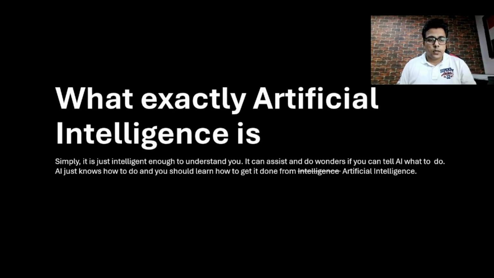Artificial intelligence is simply intelligent enough to understand you. It can assist and do wonders if you can tell it what you want to do. AI knows how to do it, and you should learn how to get it done from artificial intelligence. But this actually requires your knowledge, your skill set, and your intelligence.